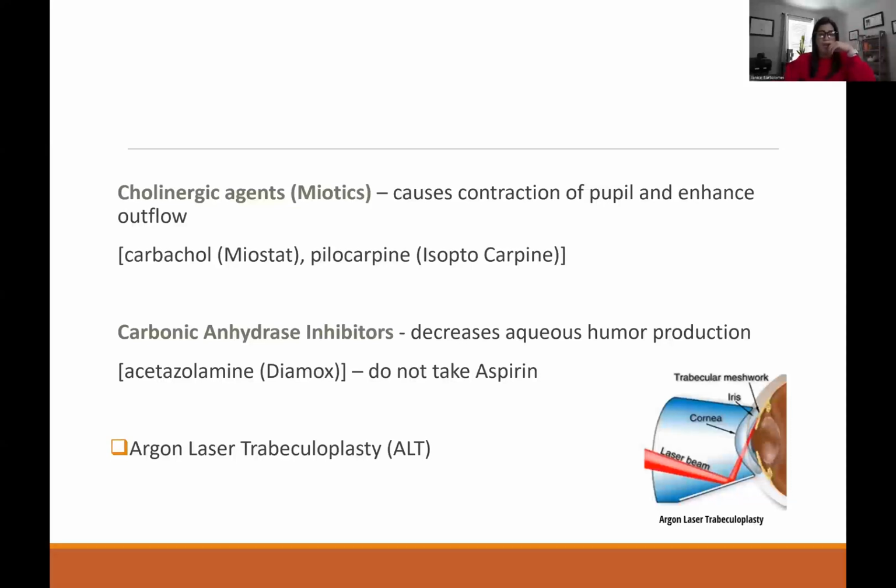Now, for the acute angle closure, the medical emergency, it needs different treatments like miotics and other medications as well as laser. They intervene right away, because they know it can lead to vision loss since it puts pressure on the optic nerve.